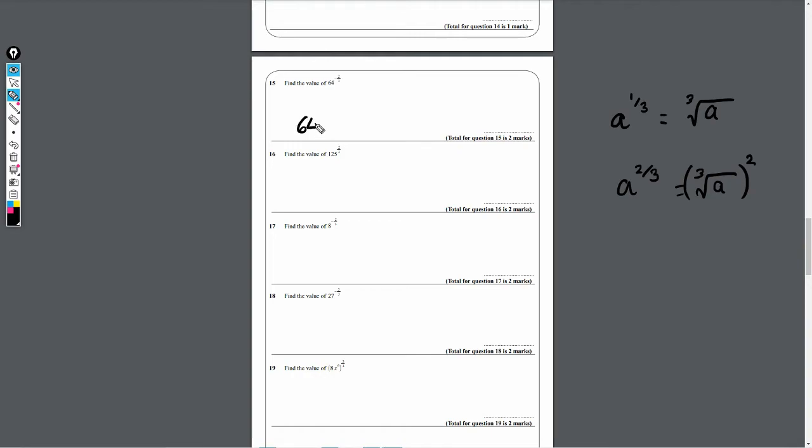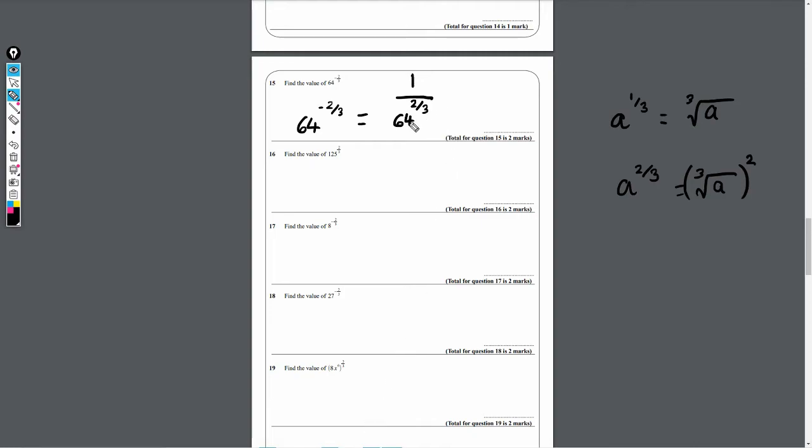So 64 to the minus 2 over 3. First, let's deal with the negative part. So remember, negative, we've got a reciprocal. So this would be 1 over 64 to the 2 over 3. Okay, so we make the power positive.